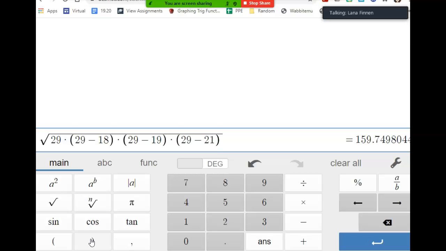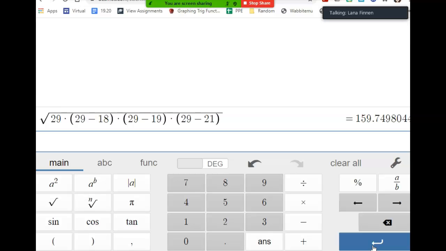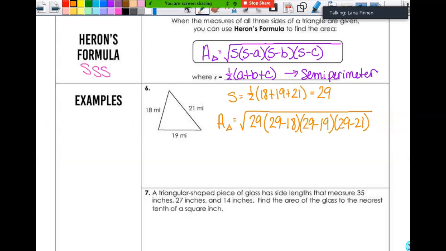The calculator does it all. It makes it a plug and chug problem. Bam. Nothing wrong with putting 11 and 10 and 8, but again, you don't want to do something ridiculous. Those are very, very frustrating mistakes that we are all capable of. The area of the triangle is 159.750. This is still area, so that is miles squared.